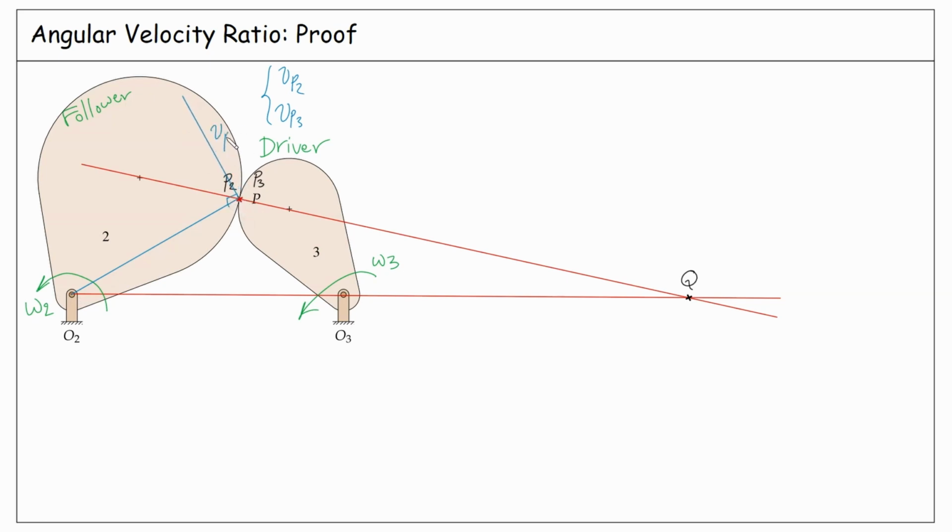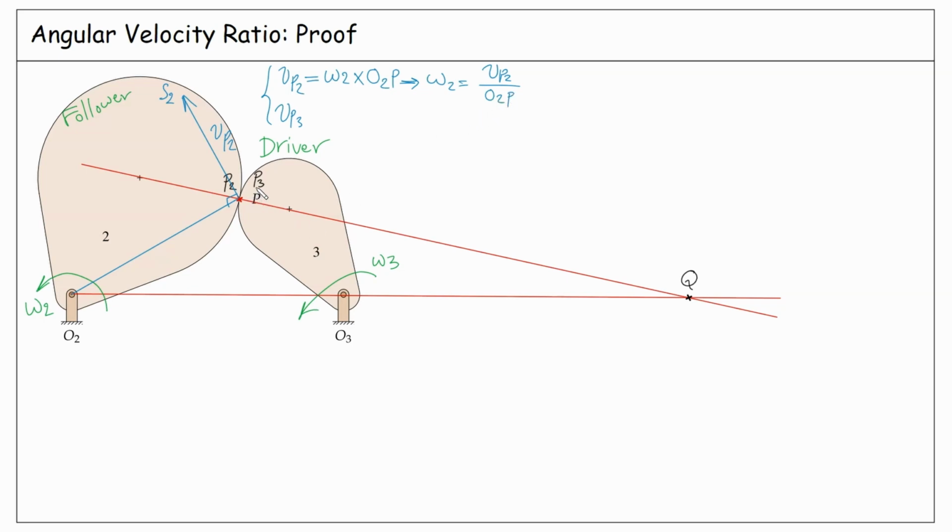Velocity of P2. I call the endpoint of this vector S2. And the magnitude of the velocity of P2 is omega 2 times O2P. From there, omega 2 is the velocity of P2 over O2P.